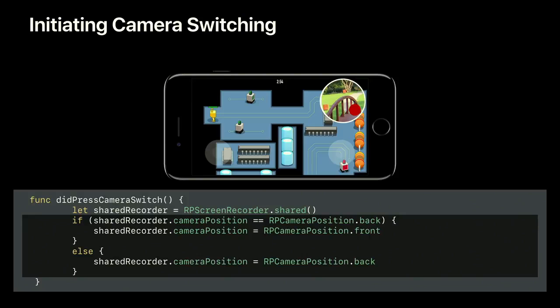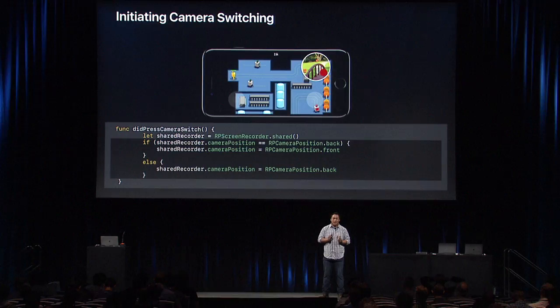I'm simply going to set the shared recorder's camera position to be RPCameraPositionBack. And just like that, our preview view is now using the rear camera for its video commentary. It really is just that easy, and it really is just that fast. Fast camera switching will give you additional tools to provide your users with to create more engaging video commentary in the content they're creating in your application.